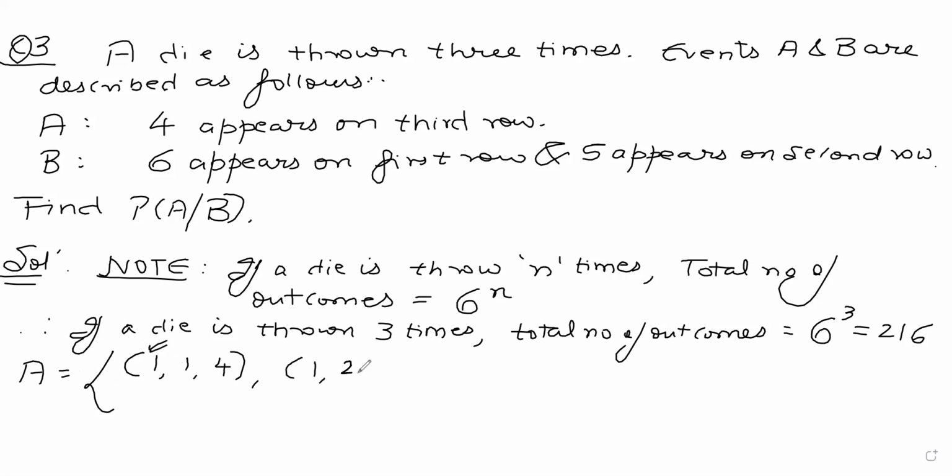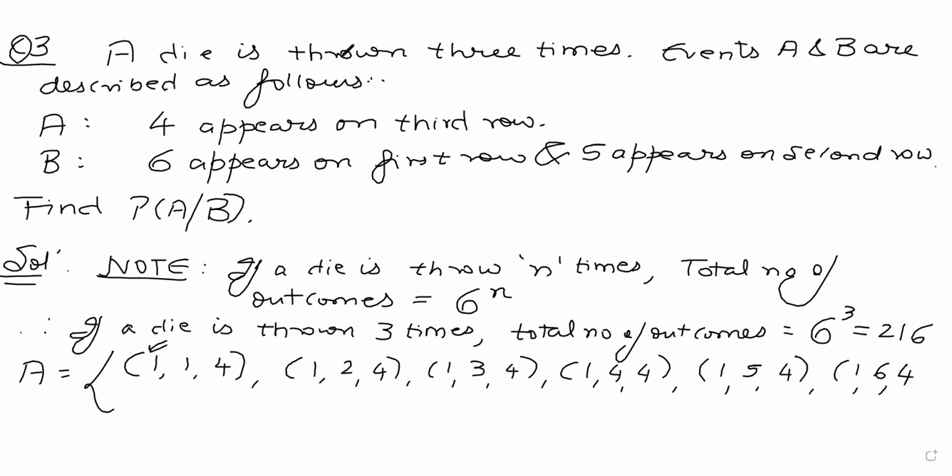So 114, 124, 134, 144, 154, and 164. You can see in all these cases 4 appears in the final row, the third row.